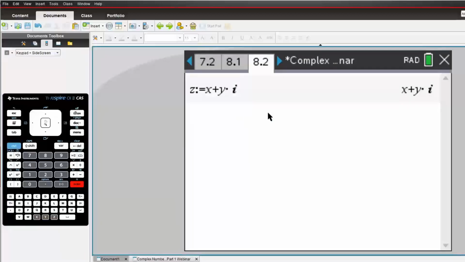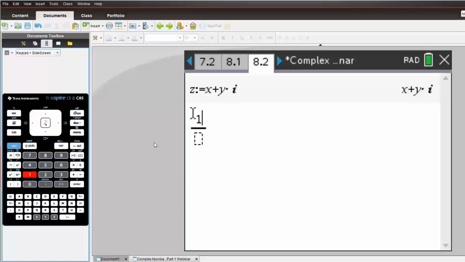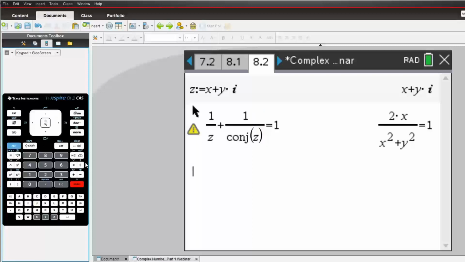Once I've done that, I can enter my equation, which was 1 over z plus another fraction 1 over the conjugate of z, close the bracket, and all that was equal to 1. So it tells me that the Cartesian relation is given by this.